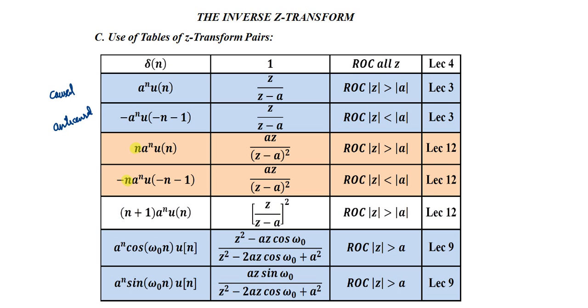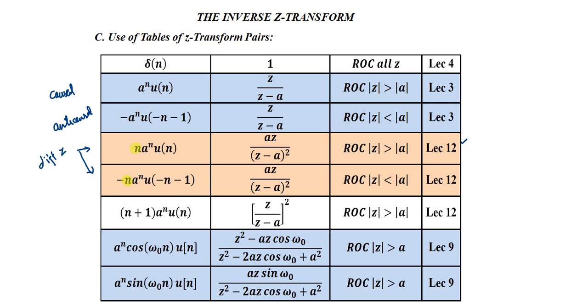This is explained in the differentiation property, differentiation in the Z domain, and the explanation is given in lecture 12. It's a very important property. You need to watch lecture 12, then you will get an idea of how we can conclude this answer.